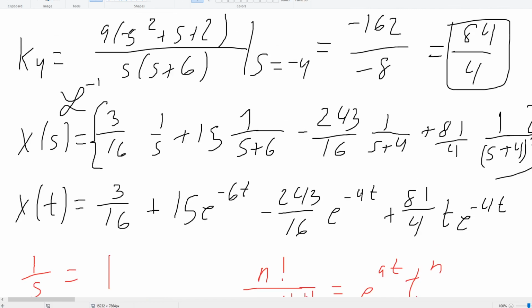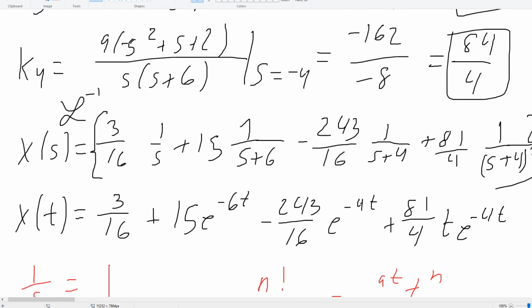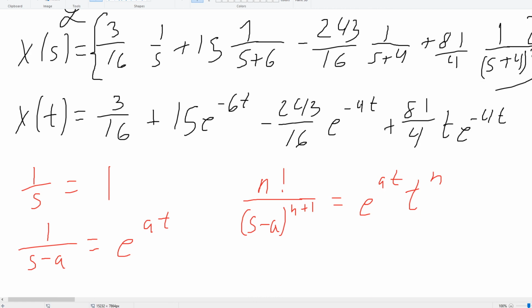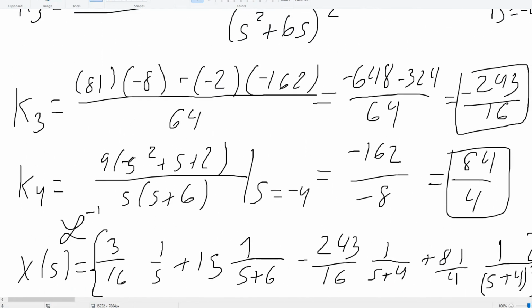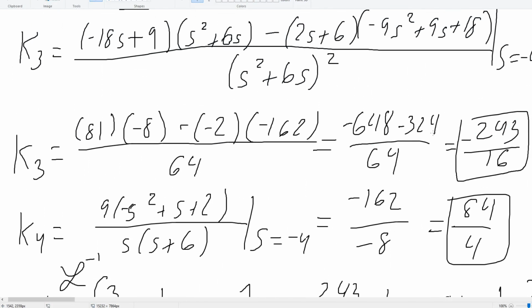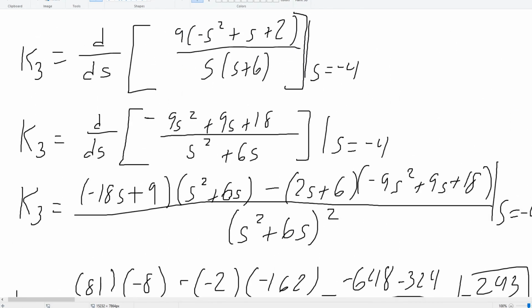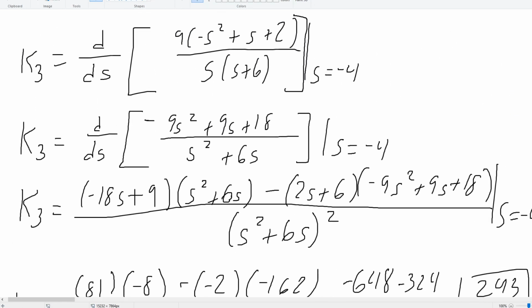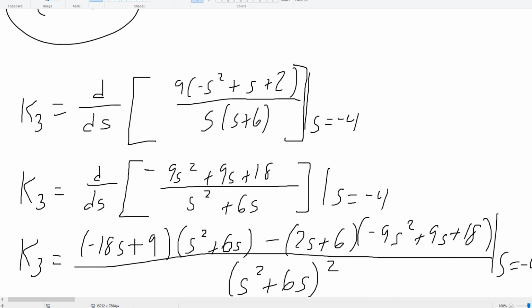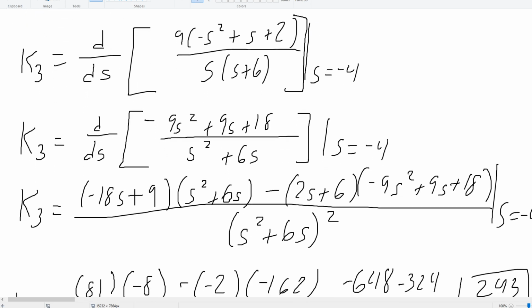As I said, it's a lot of math. The last step is a little bit hard, but honestly, it's not too bad. It's just that you have to remember how to do this stuff. And the only real hard part of this problem is doing K3 because you have to take a derivative. But honestly, if you forget how to take the derivative, that's fine.